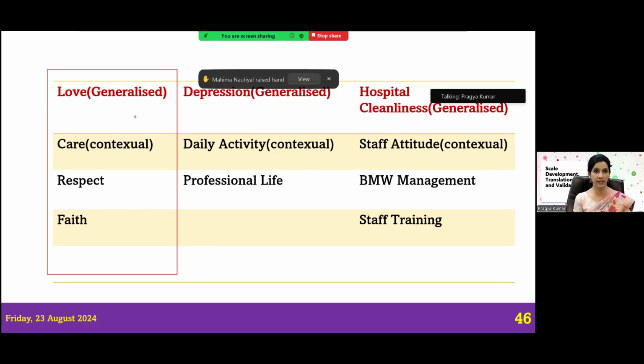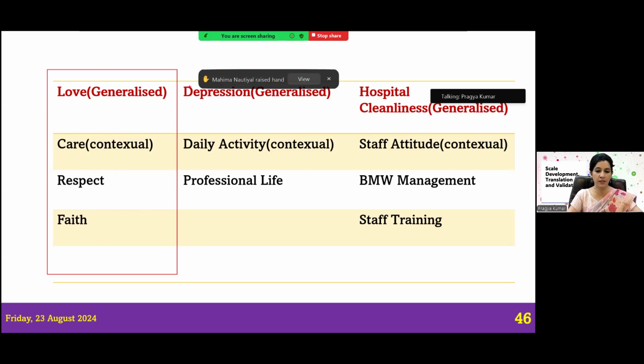So caring for someone is also love. Respect towards your partner or spouse is also love. Being faithful towards your partner is also love. So love here is a generalized concept, and care, respect, and faith are the contextual constructs or factors of this broad concept.